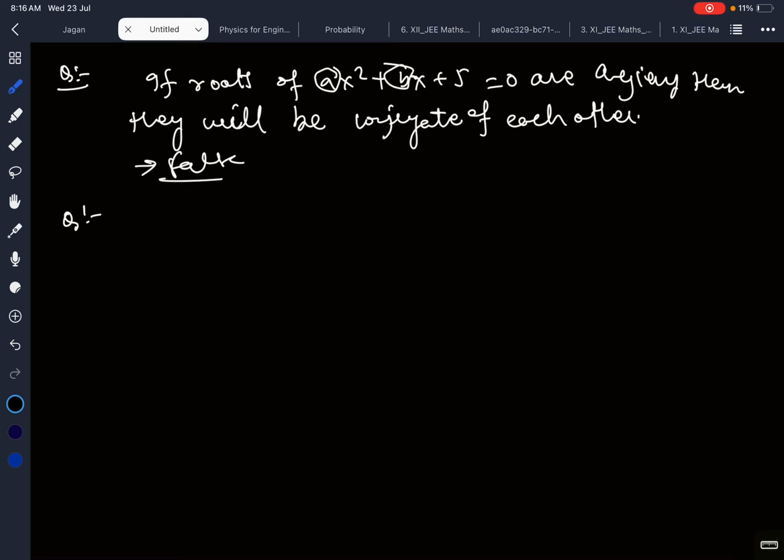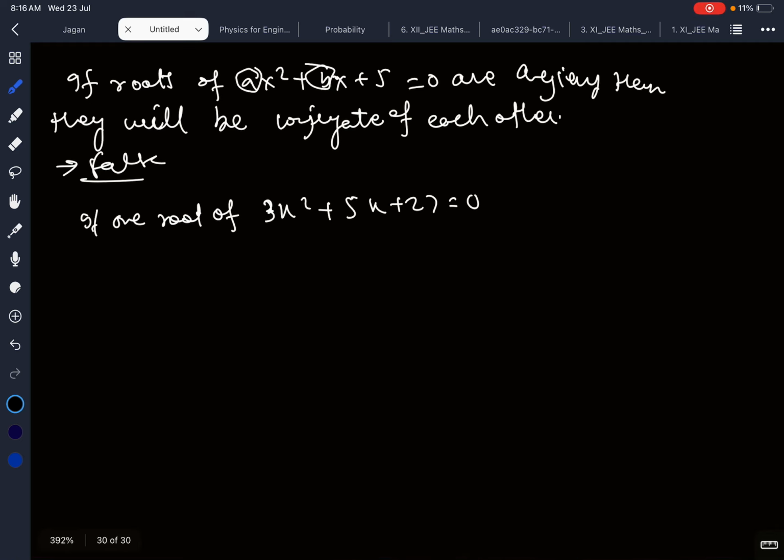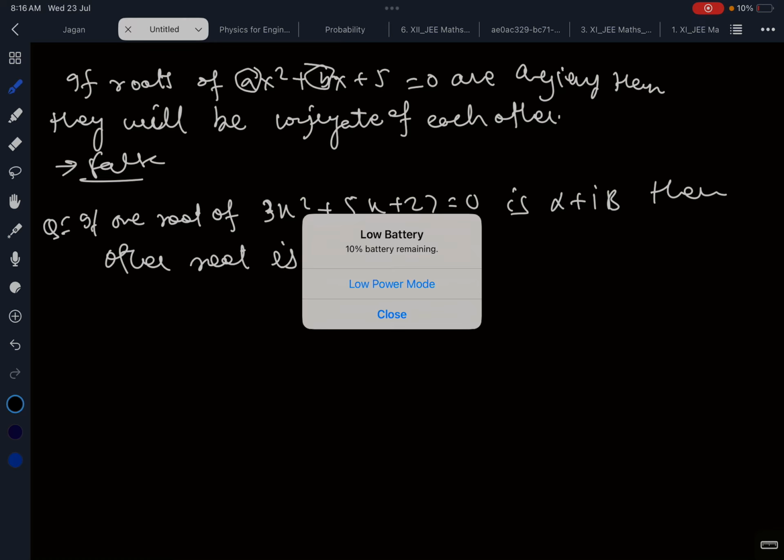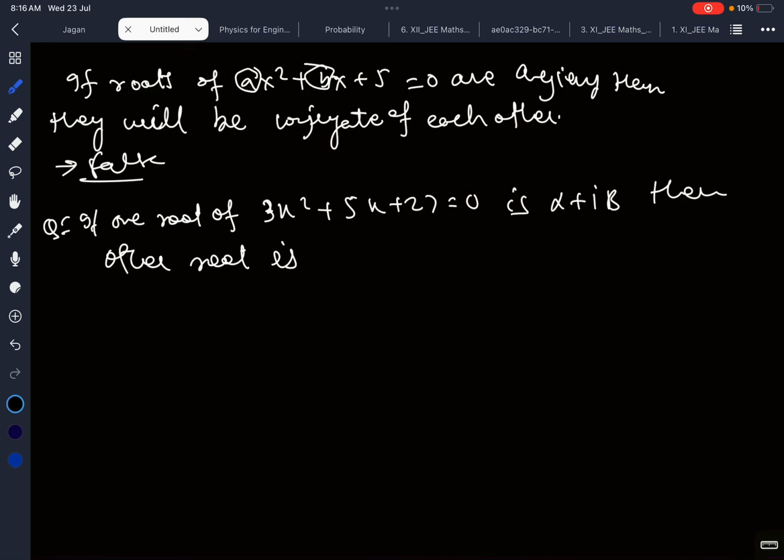If one root of 3x square plus 5x plus 27 is equal to 0 is alpha plus iota beta, then the other root is alpha minus iota beta.